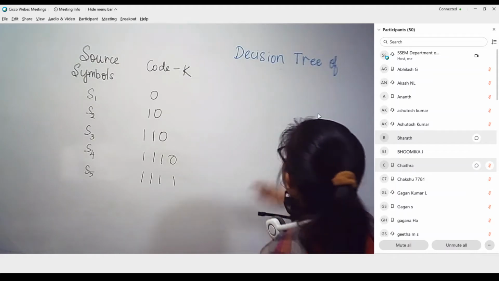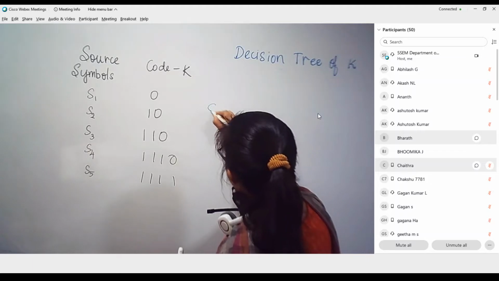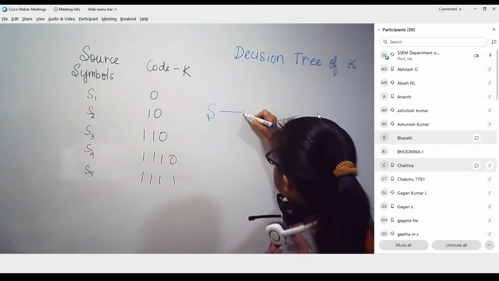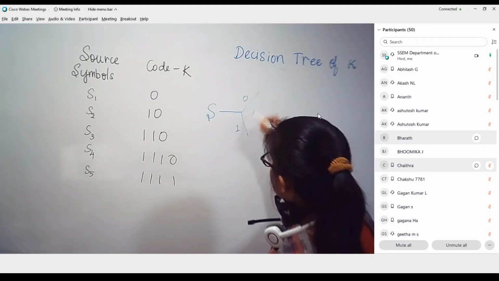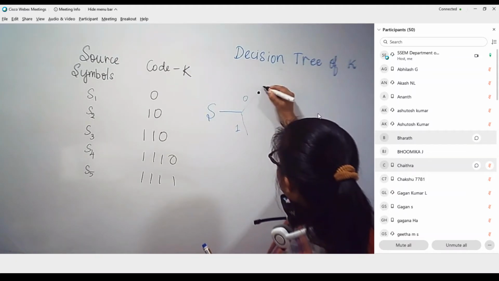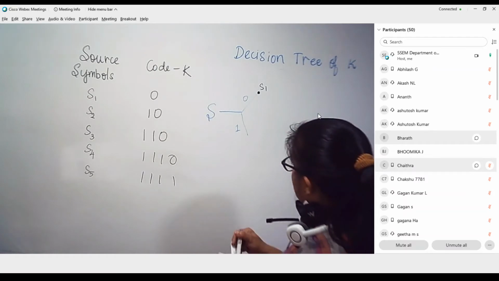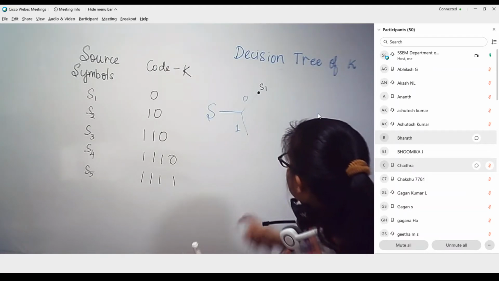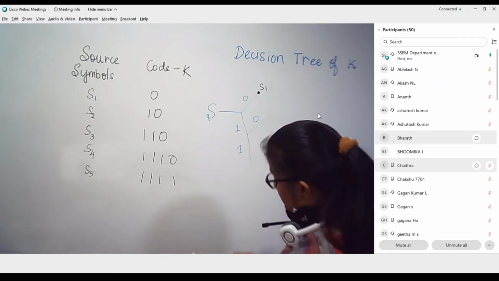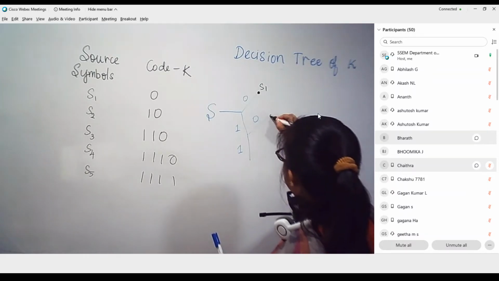So the decision tree for code K: initial state, I'm going to split it into two parts, 0 and a 1. So 0 is a code word, at the end of 0 there is a code word called S1. Then at the 1, I'm going to split to 0 and a 1. So at the end of 1, 0 I have the symbol S2.